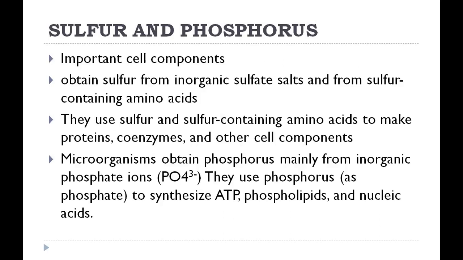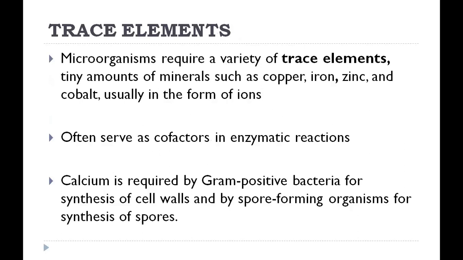As far as phosphorus is concerned, phosphorus is obtained mainly from inorganic phosphate ions, and phosphorus is involved in synthesis of ATP, phospholipids, and nucleic acid. So those were the four macronutrients: carbon, nitrogen, sulfur, and phosphorus.